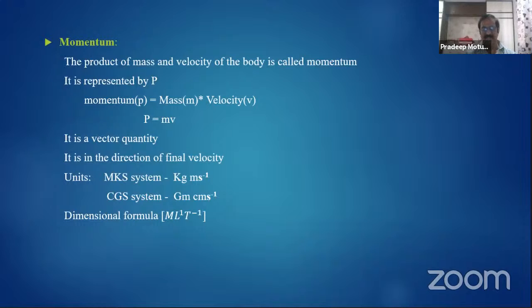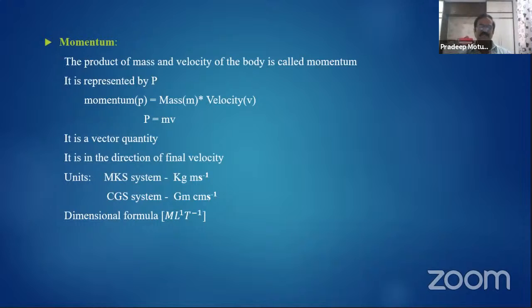The dimension formula you can also write: for mass capital M, and for velocity, displacement by time, L by T, so simply you can write M L^1 T^-1. In this way, if you know the definition, you can easily write the dimension formula. Without knowing the definition, it is very difficult to write the dimension formula correctly.